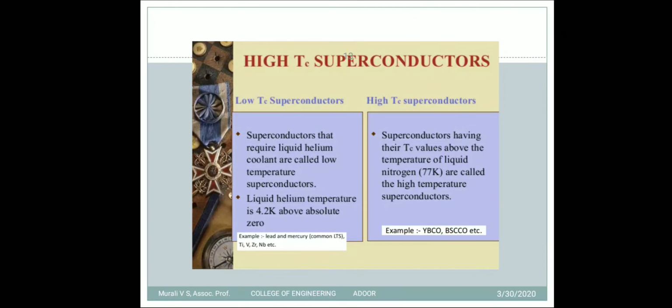Now, high temperature superconductivity. High temperature superconductivity means any superconductor whose transition temperature is above 77 Kelvin. 77 Kelvin is the temperature of liquid nitrogen.